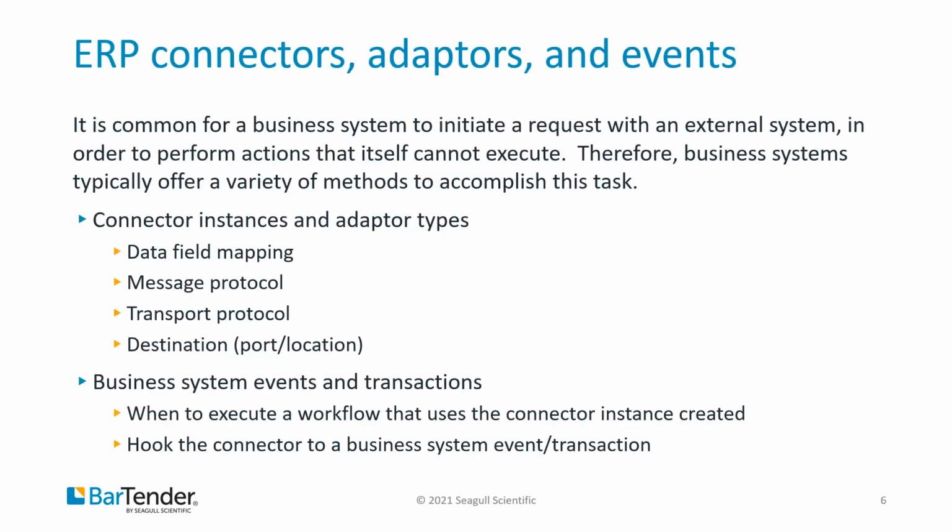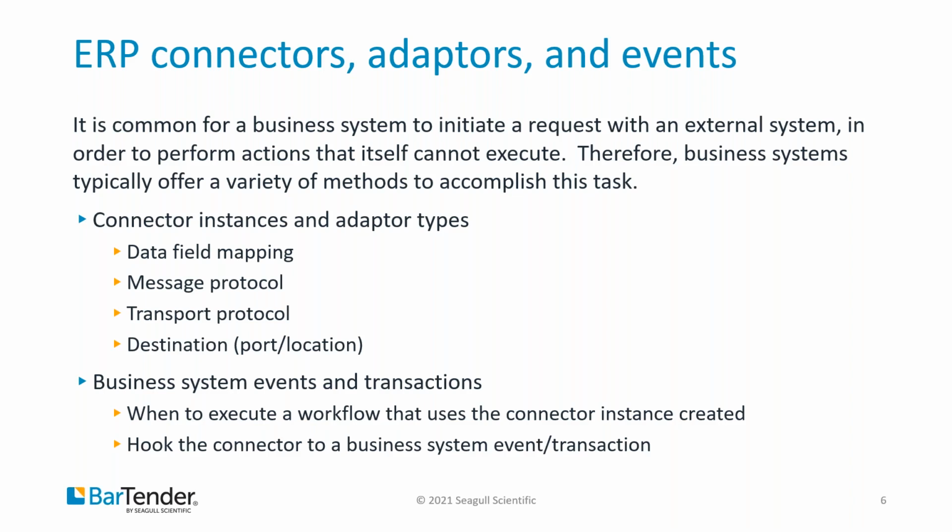Okay, first though, before we look at the integration platform itself, we want to take a look first at ERPs, business systems, and indeed devices, and how they would go about connecting to BarTender. Basically, with such business software, it is common for a business system to initiate a request for an external system, and this could be any external system.